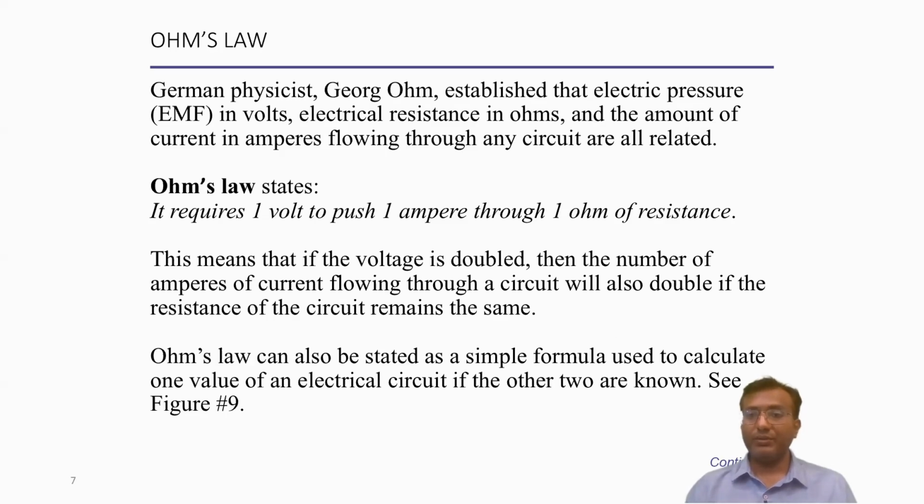Coming to the next important concept, Ohm's law. Ohm's law connects voltage, that is in volts, current in amperes, and resistance in ohms in a circuit. According to Ohm's law, it takes 1 volt to push 1 ampere through 1 ohm of resistance.